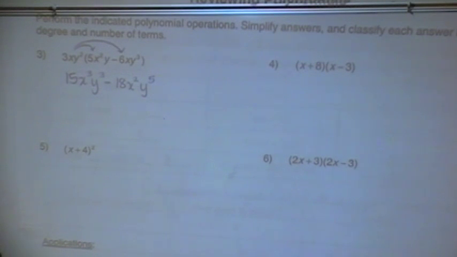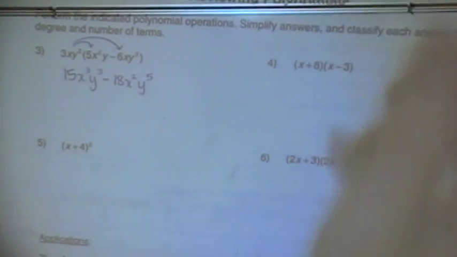But what if I have a binomial and a trinomial? I have an extra term. So foiling only works when you have two binomials, so you need to be aware that it is just distributive property. And I will show you what I mean.